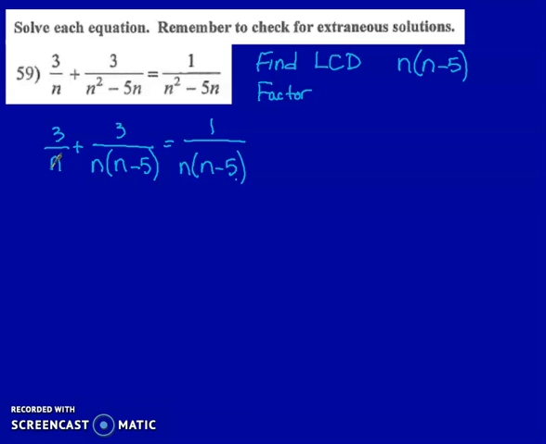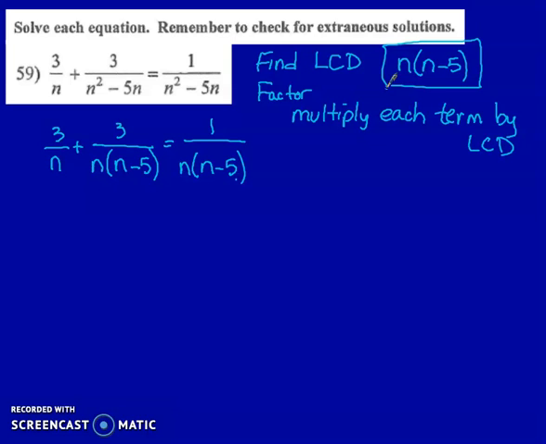All right, so our strategy is going to be to multiply each term, both sides, by the least common denominator. And our LCD is right there. So, first term, 3 divided by n. We're going to multiply times n times n minus 5, the least common denominator.